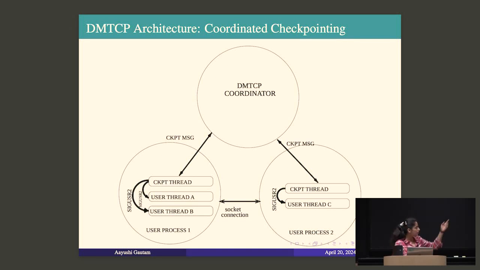It creates a checkpoint thread, and starts a connection to the coordinator. At any given time, either the checkpoint thread is active or the user thread is active, not both. When it's time to checkpoint, the checkpoint thread comes along and sends a signal to the user threads, they go into DMTCP's signal handler, and they get blocked. So that's the basic architecture of DMTCP.